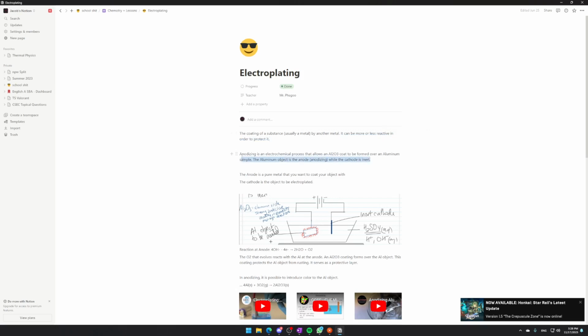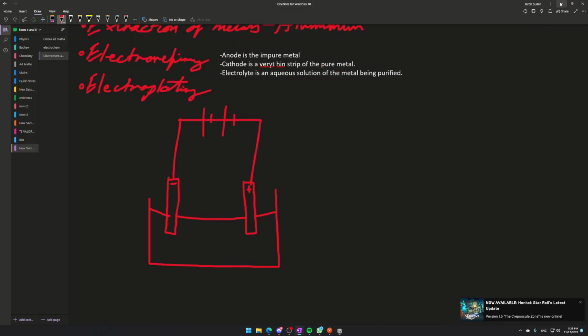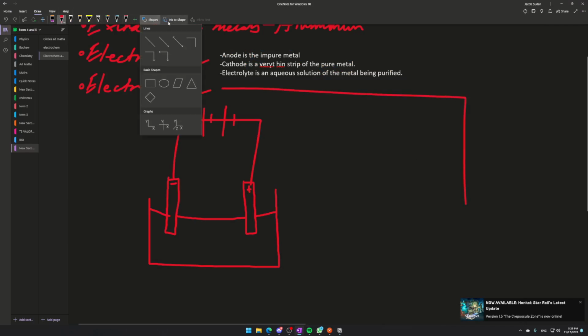Anodizing. I don't think this is on the CSEC syllabus. The anode is what you want to coat your object with, and the cathode is the object to be electroplated, and the electrolyte is... so I'm gonna type that out.